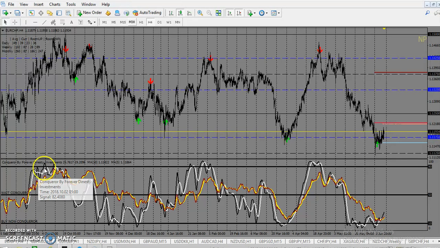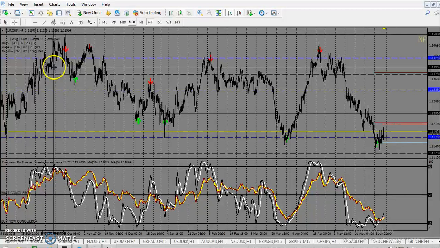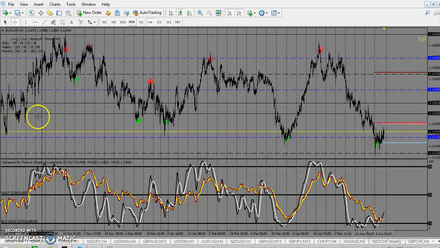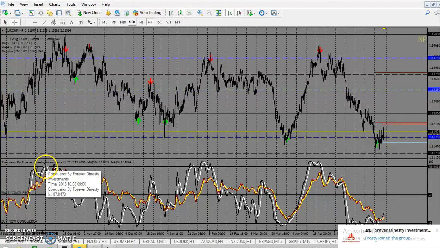Once your Conqueror has reached the overbought condition, or the 90 level, you will realize that this is your peak formation high. This is where you enter your trades, because now your Conqueror has hit the overbought, or the 90 level.